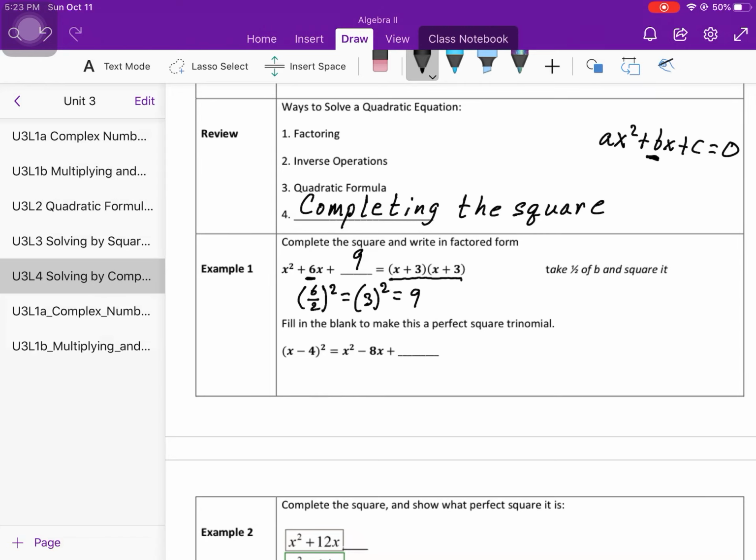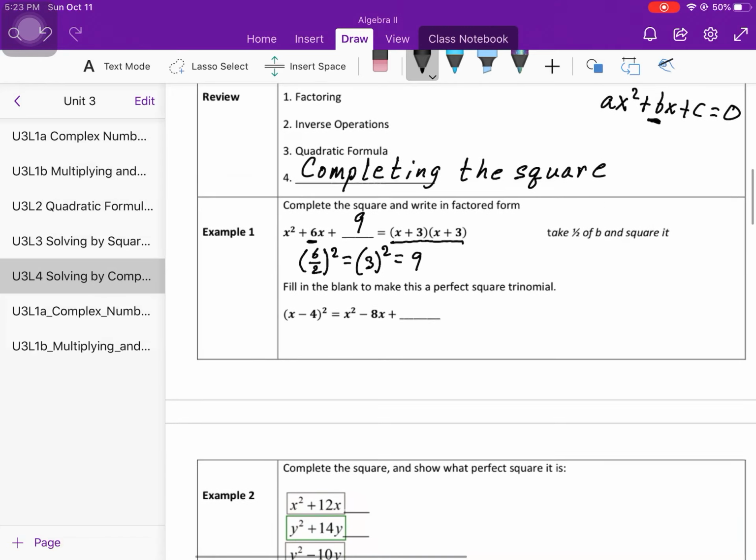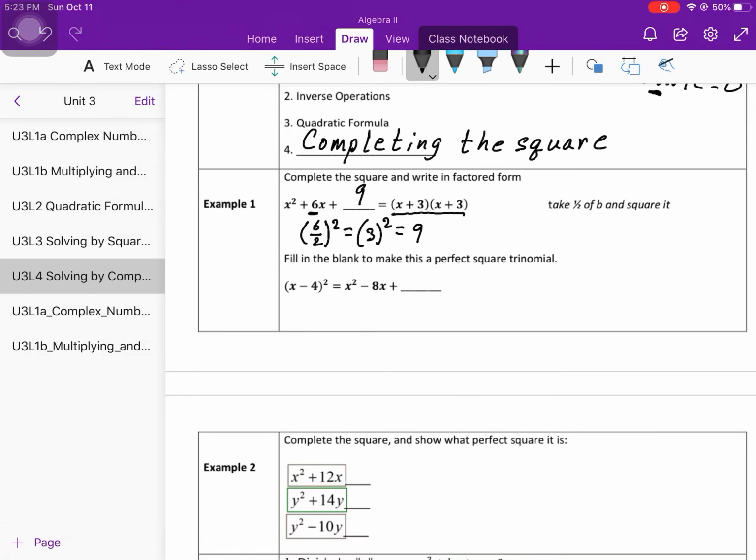Okay, we want to get it into this pattern here, where it's the same binomial multiplying by itself. So if we look down here, we have (x minus 4) squared is equal to x squared minus 8x plus something. So negative 8 is the b value, so just going to do the exact same thing again. Negative 4 divided by 2 equals, negative 4 divided by 2 is negative 2.